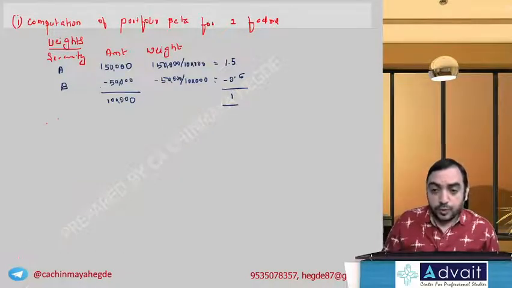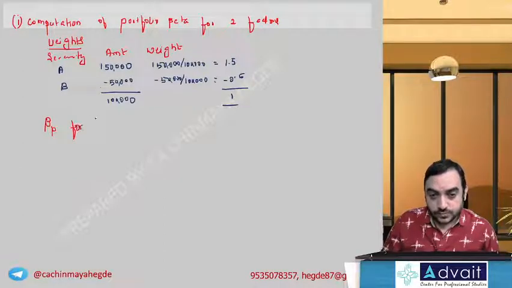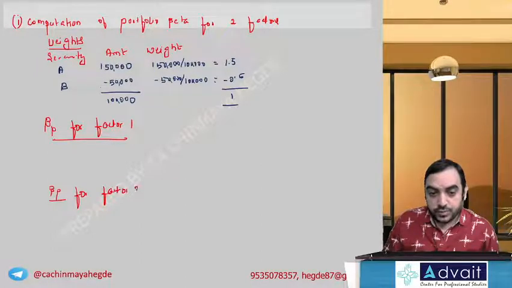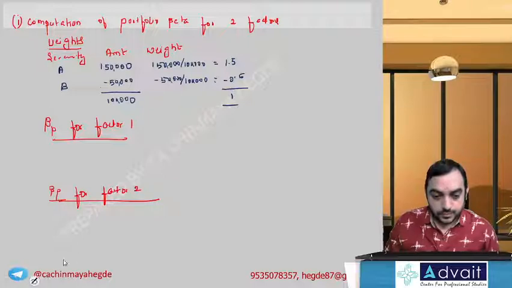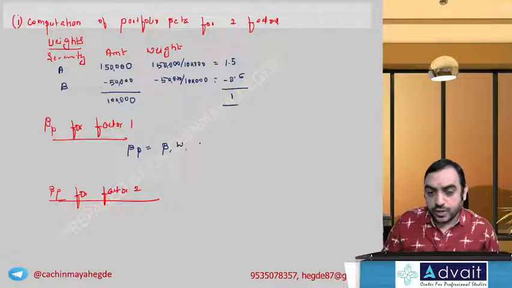Then portfolio beta for factor 1, and then we'll calculate portfolio beta for factor 2. Simple formula only. That is beta 1 weight 1 plus beta 2 weight 2.